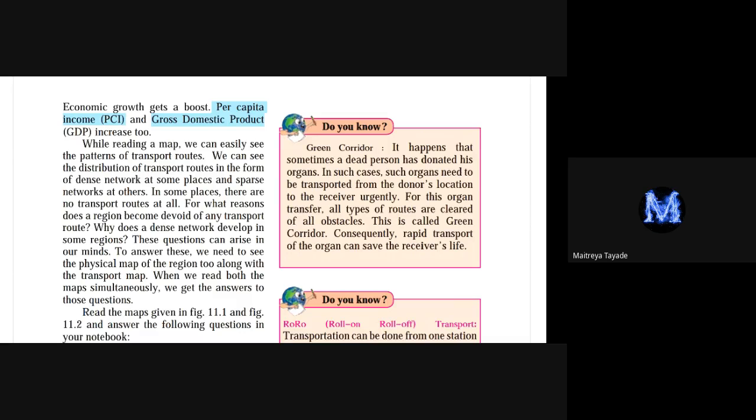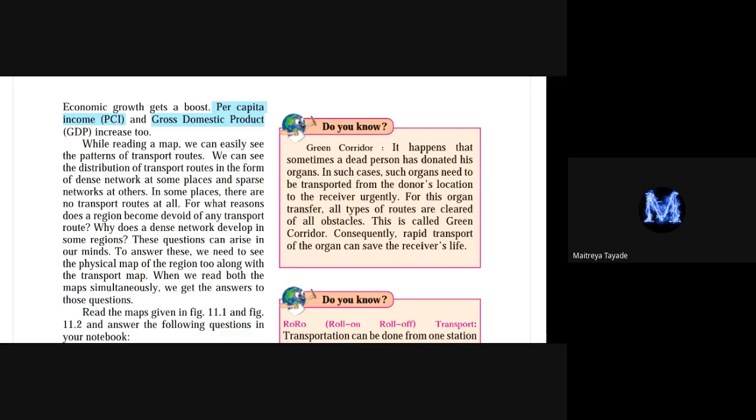That's why people get jobs. Even if industries get proper ways of transportation for their products, then industries increase and markets also increase. So this leads to growth of the economy, and that country's economy gets a good boost.